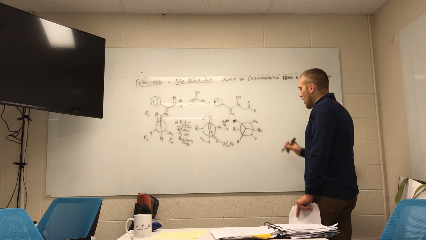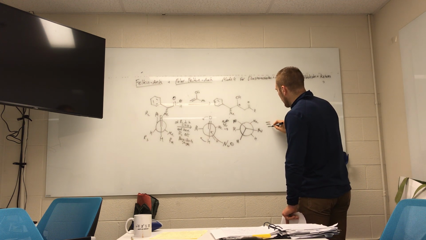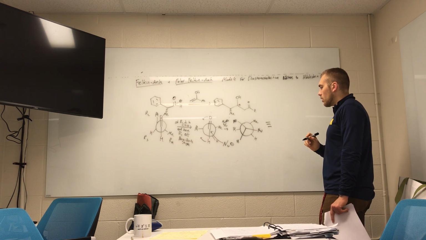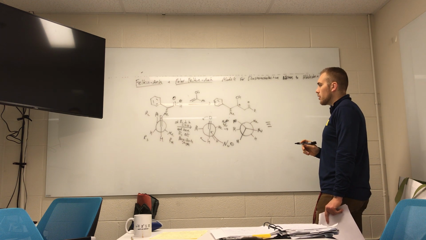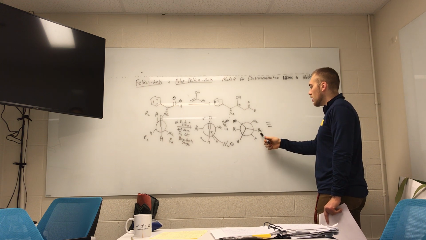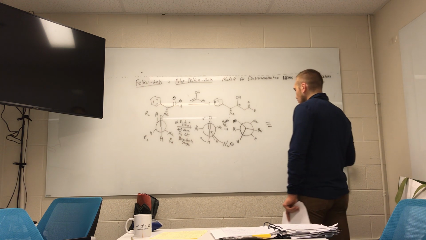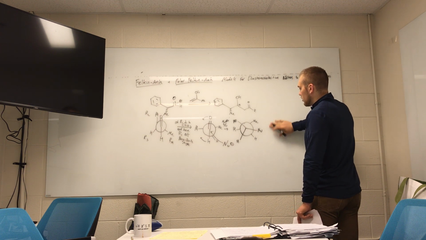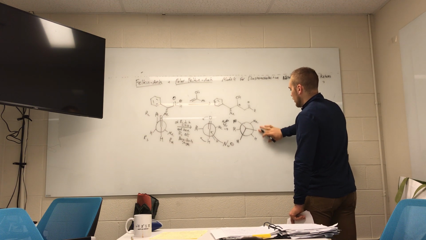And now we want to translate this back out into a line structure. What's nice is that our nucleophile, in this case, is going to look like this. Maybe I'll explicitly draw it here.